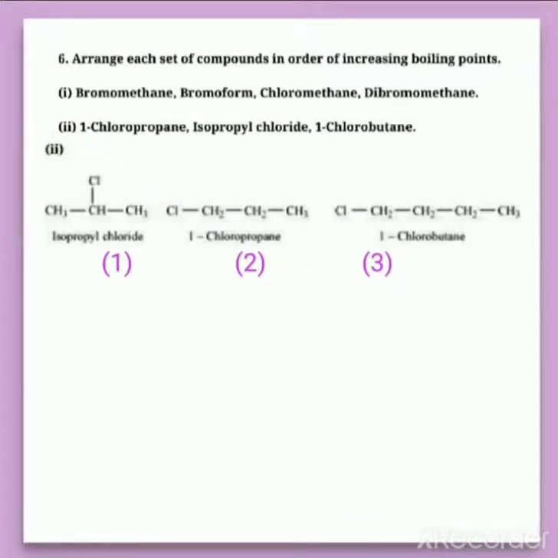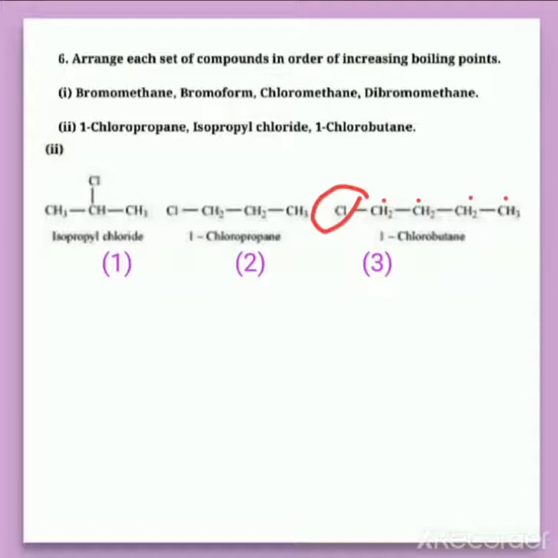In the second one, that is 1-chloropropane, isopropyl chloride, 1-chlorobutane. So let us make the structure for this. 1-chlorobutane means it is a straight chain compound with one halo group on the first carbon.